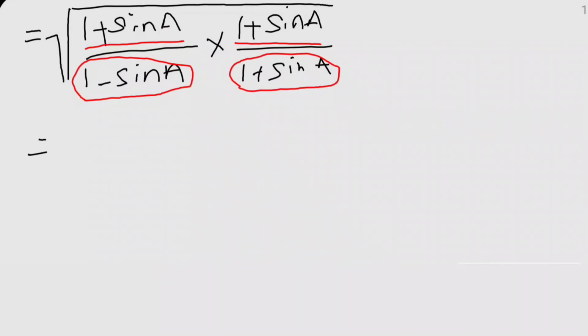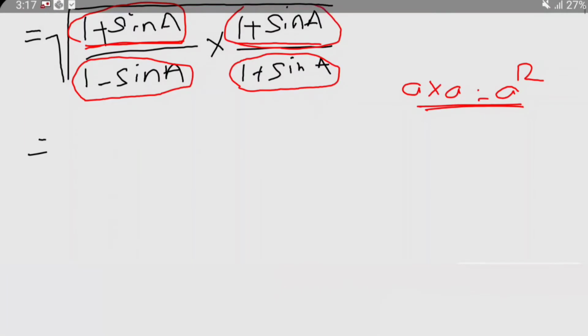So we got 1 plus sin A whole square. So for example here A into A is equal to A square. Like that only, 1 plus sin A into 1 plus sin A, we got 1 plus sin A whole square.